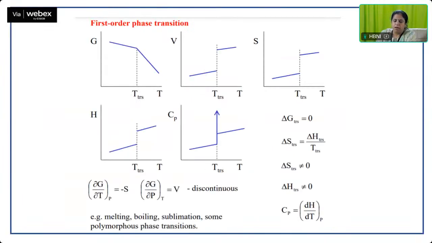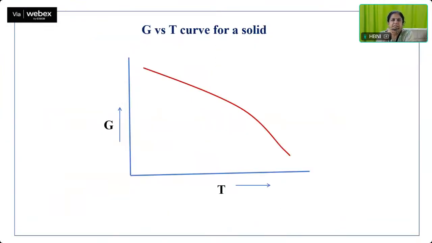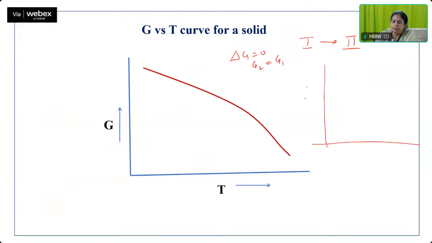Now, for the first order phase transition, let's say I'm going from phase 1 to phase 2. All right. And I also know that delta G is 0. So remember that G2 has to be equal to G1 at phase transition temperature. Right? So how can I draw my G by T curve? This is G, this is T.